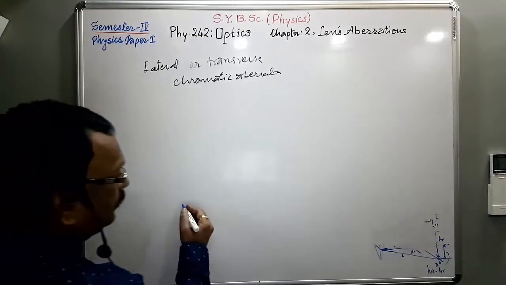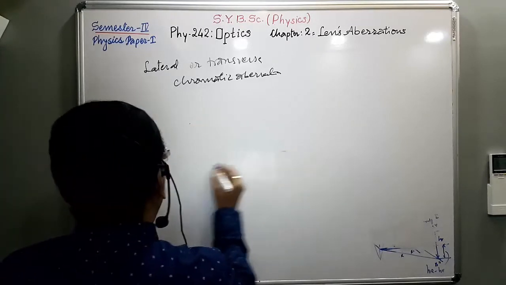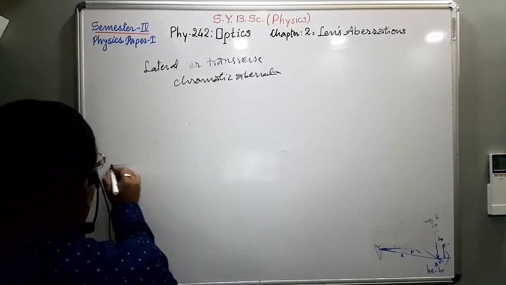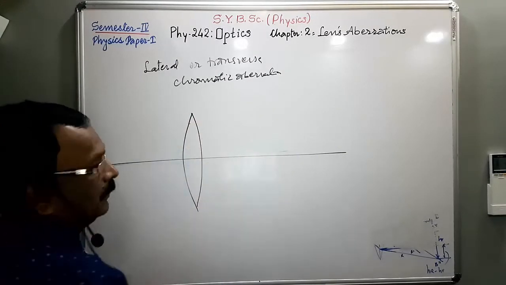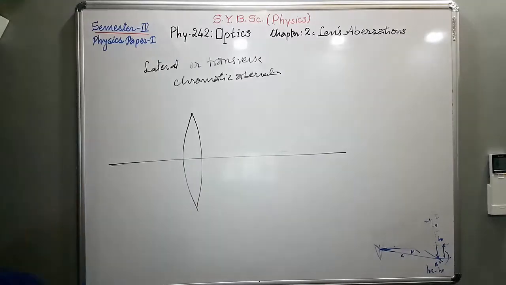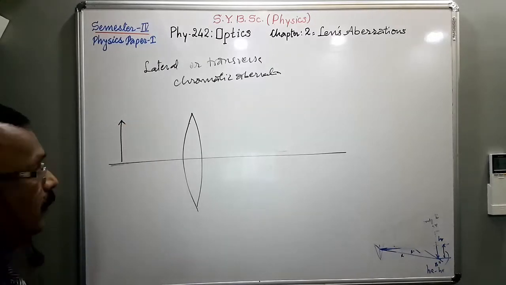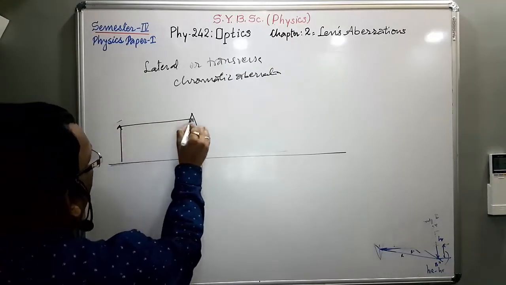Suppose, see here, suppose this is the convex lens, and in this lens, suppose this is the object, and from this object two rays are coming.